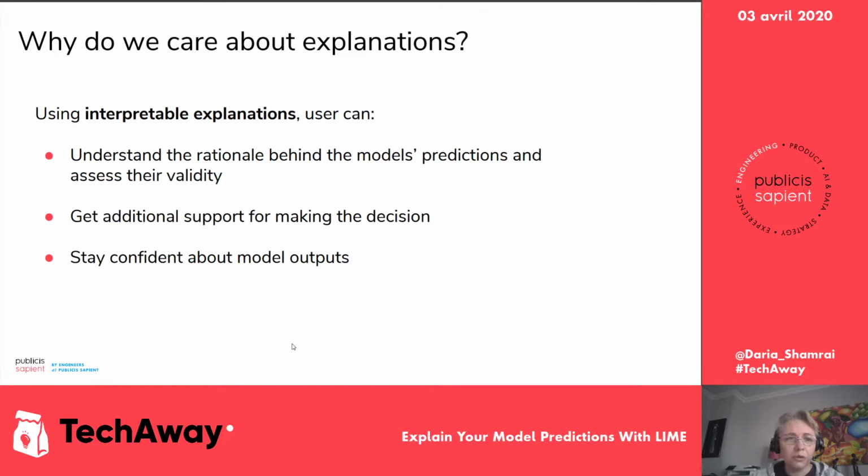So to conclude a little bit at this moment, why do we care about explanations? I think we agree that interpretable explanations can help us. They can help us let the user understand the rationale behind the model. They can also help the user to assess validity, because he can check how the model arrived at this decision and say, oh yes, really, this makes sense.